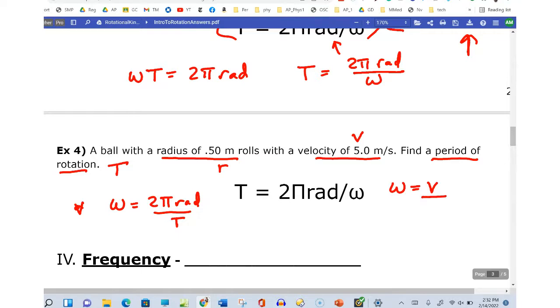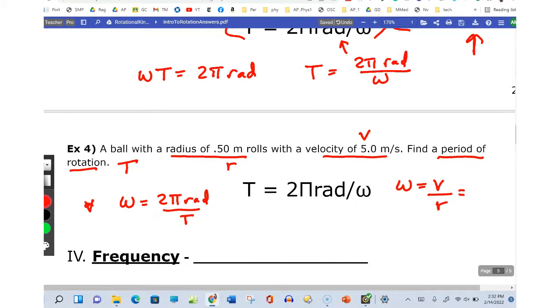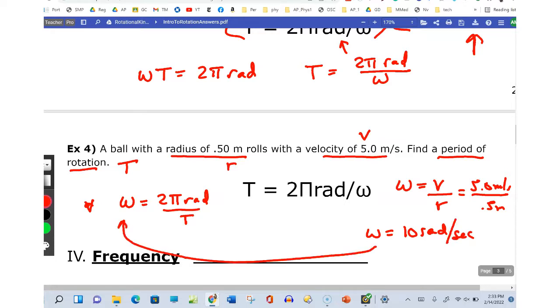How quickly it rotates, ω, is linear velocity divided by r, so 5 meters per second divided by r, that's 0.5. We actually did that. 5 divided by 0.5 is 10 radians per second, and then I come right back over here and I can find my period. So, 10 radians per second.